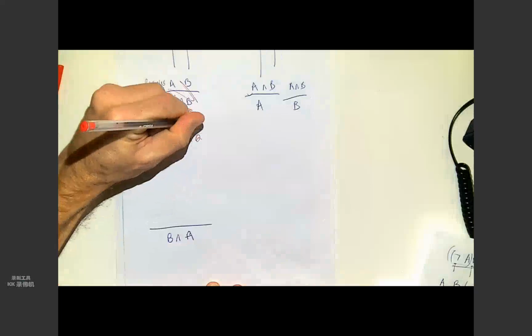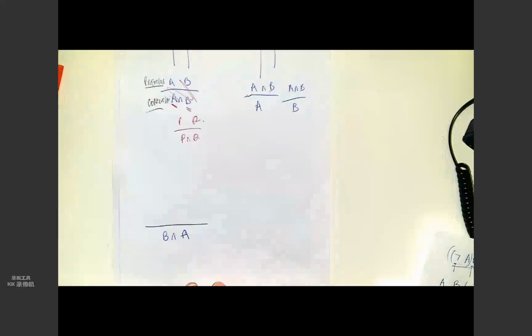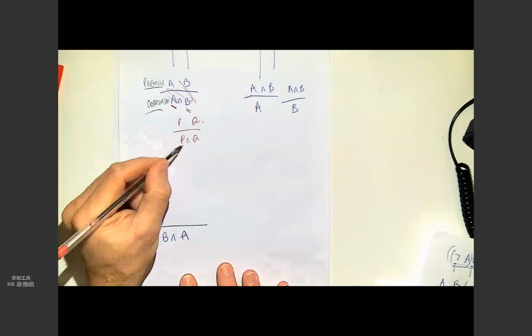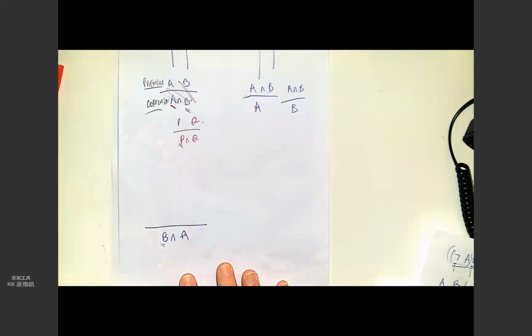So if I had P and Q, I would get P and Q. The left-hand side will become B, and that means I need to prove B there. The right-hand side is Q for A. That means I need to prove A.